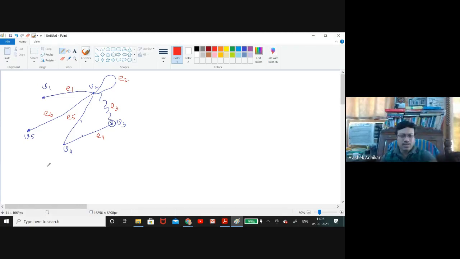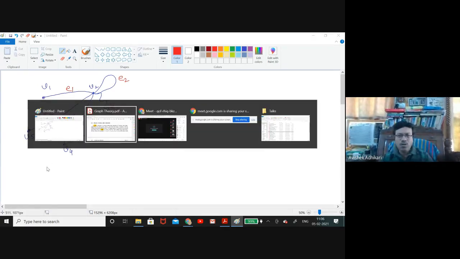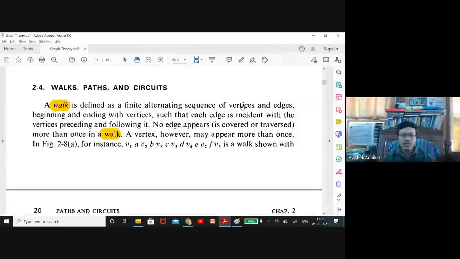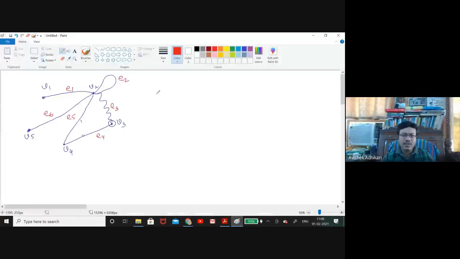So the walk is nothing but, as mentioned, an alternating sequence of vertices and edges. Say it starts with V1, a vertex. It may start with any vertex. Then there must be some edge. From V1, I have only one option, that is E1. Then it goes to V2. So it's an alternating sequence: first vertex, then edge, then again vertex.